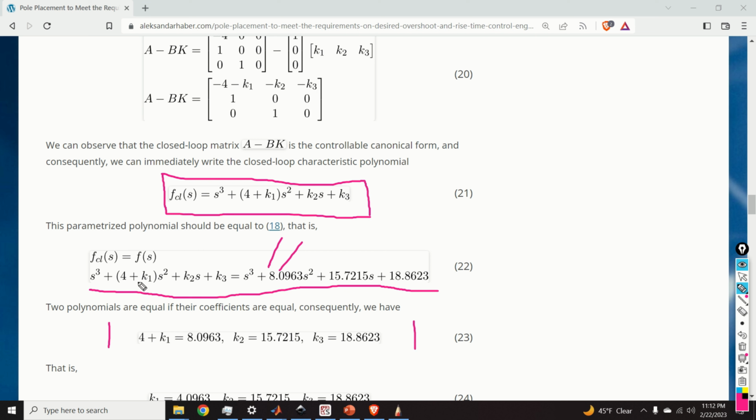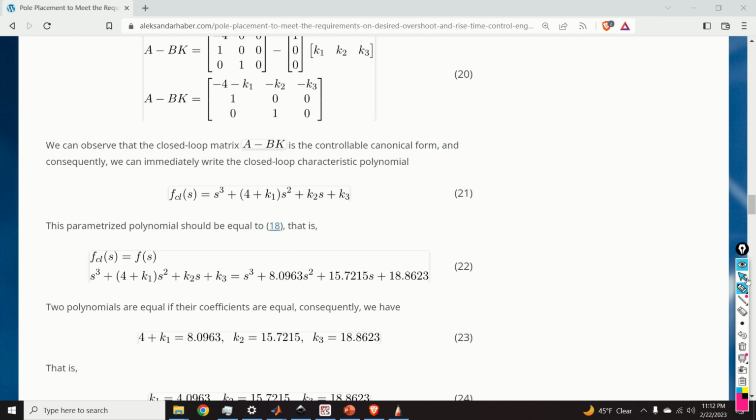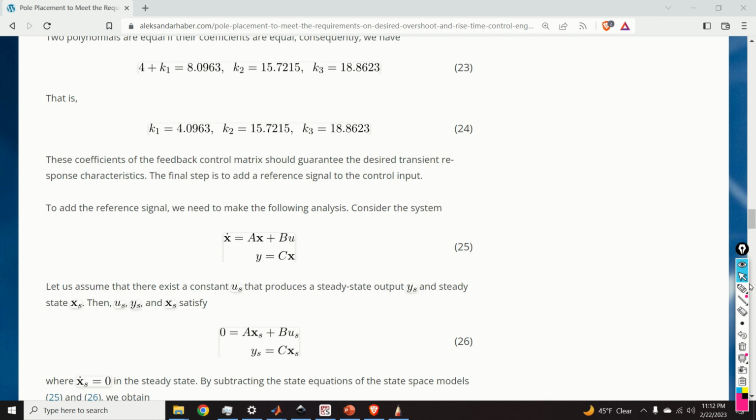So 4 plus k1 should be equal to this coefficient, k2 should be equal to this coefficient, and k3 should be equal to this coefficient. We obtain a system with three unknowns, k1, k2, and k3, and we have three equations. Consequently, we can solve this system, and the solution is given over here.